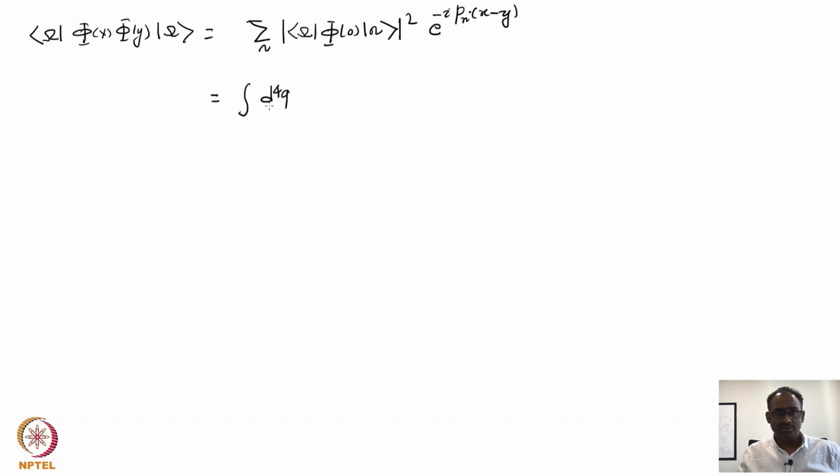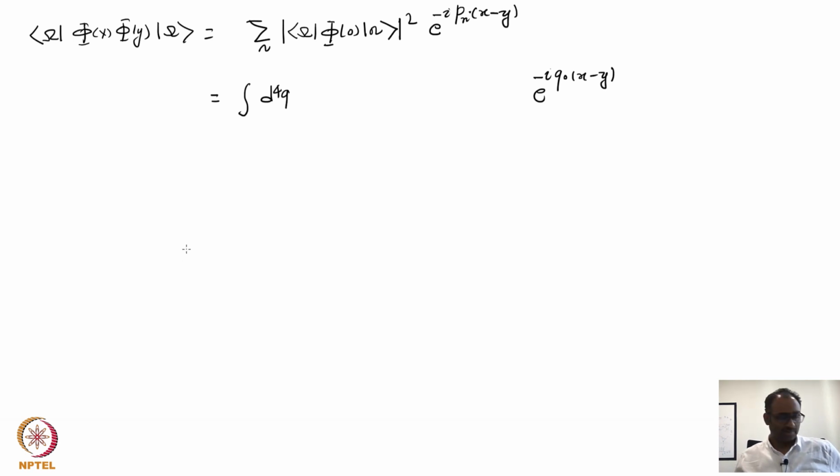Okay, so d^4q and then times e to the minus i q dot (x minus y). Okay, that's the form I want this object to have, and you can already see why, because this will be like a Fourier transform. Whatever I write here in the blank space would be the Fourier transform of the object on the left hand side. So I am trying to give it that form.